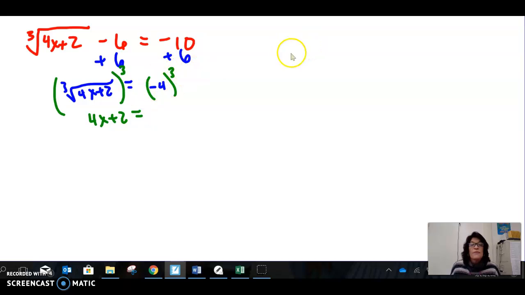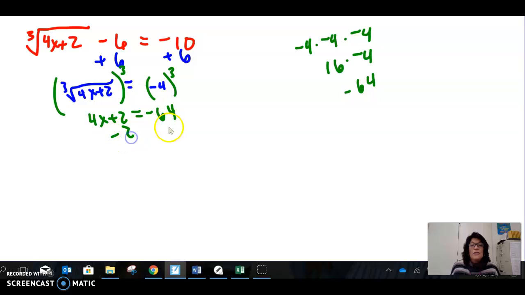When I cube negative 4, that's negative 4 times negative 4 times negative 4. That's what it means to cube a number. This is a positive 16 times a negative 4, which is a negative 64. And then I would subtract 2. I get 4x equals negative 66.